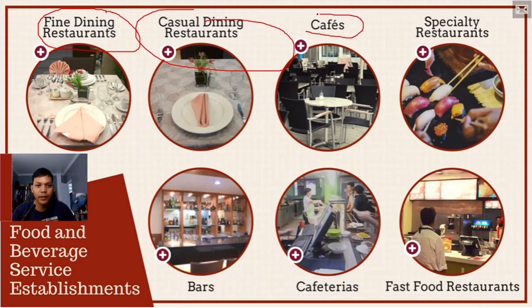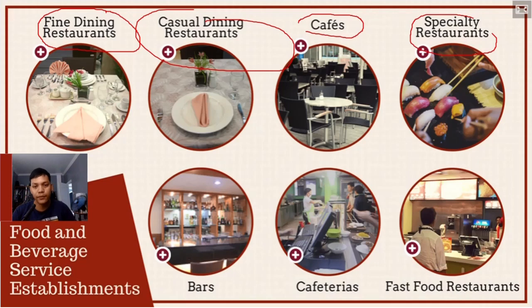And the next one is cafes. They are small social gathering places or shops that sell food and drinks. It is a small establishment. We also have specialty restaurants here. These are dining establishments that emphasize one particular food product or one type of ethnic cuisine in their menu and marketing.